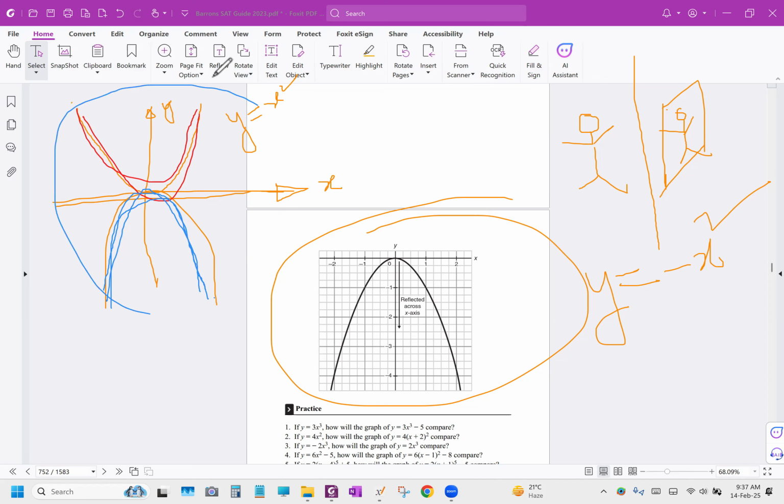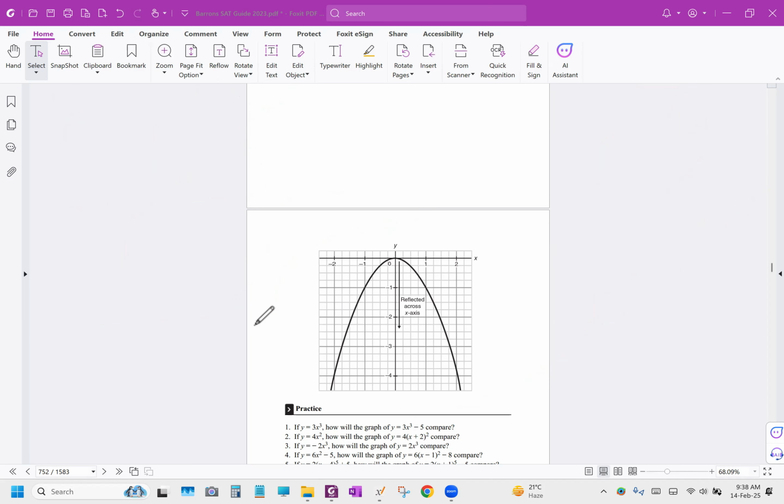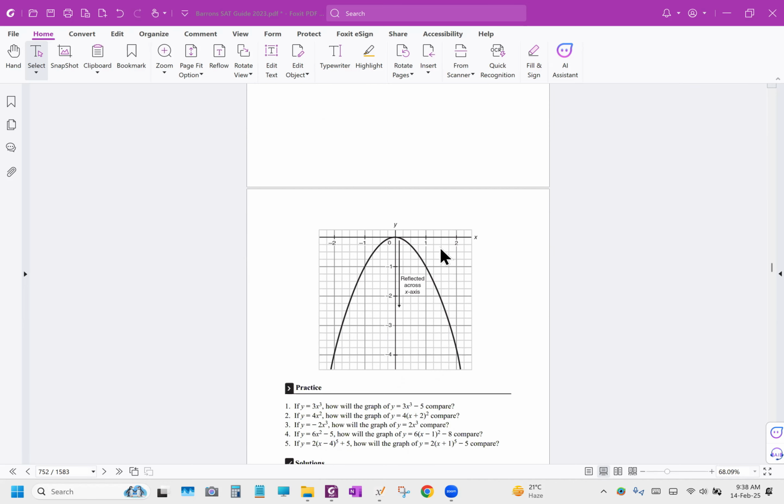These two are reflections. You got it? I hope so.